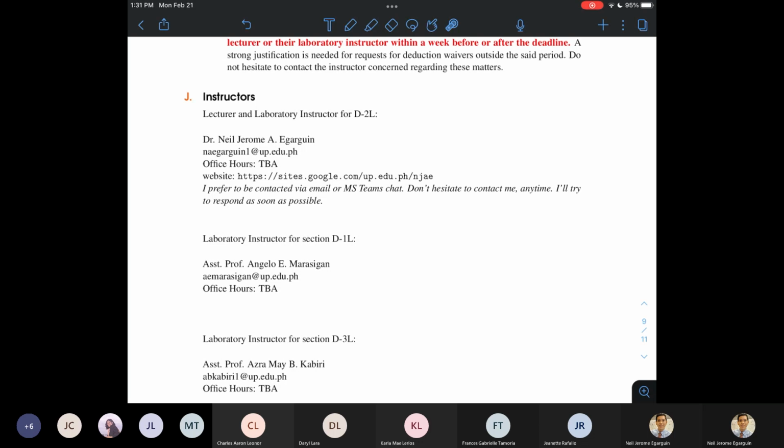So Math 175 D2L, makikita niyo yung mga recordings natin under the channel D2L lab sessions. Sa MS Teams natin, pwede niyo siya doon puntahan. I can also provide you with the link dun sa Canvas kung ayaw nyo nag-open pa ng MS Teams. Pwede nyo siyang buksan sa Canvas, lalagay ko yung link. Alright? Pero yun, what else?